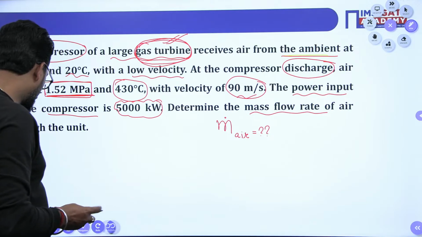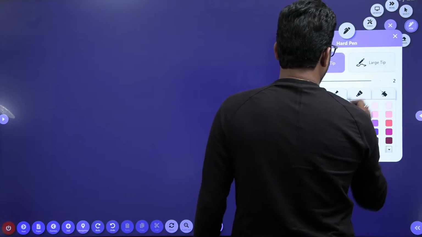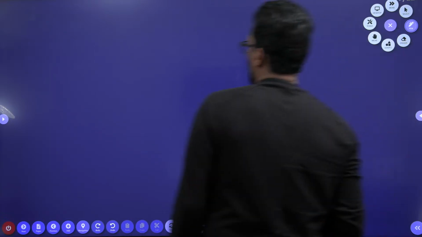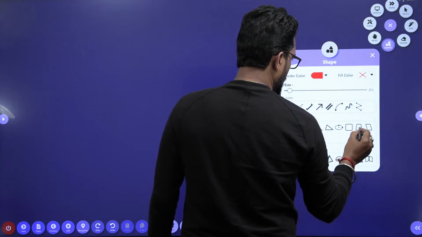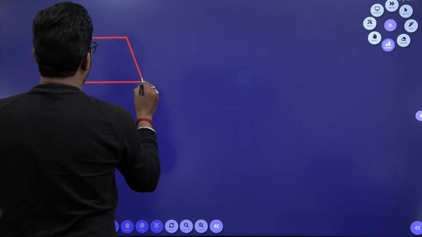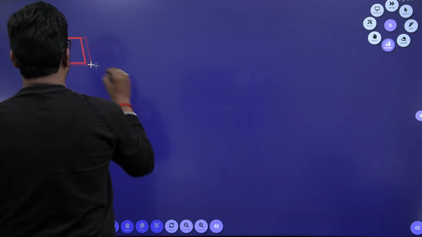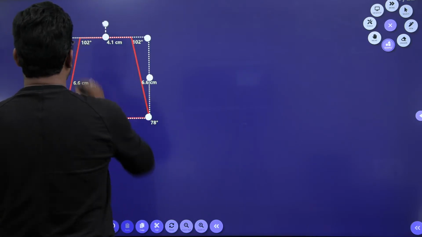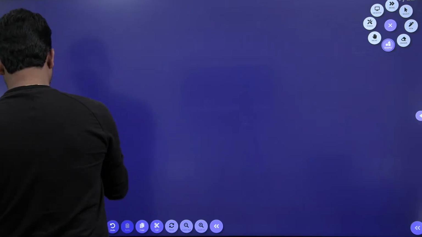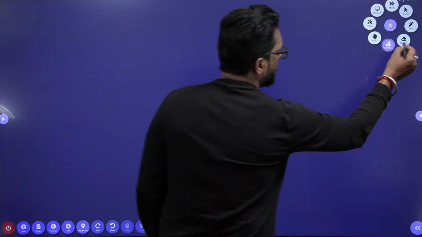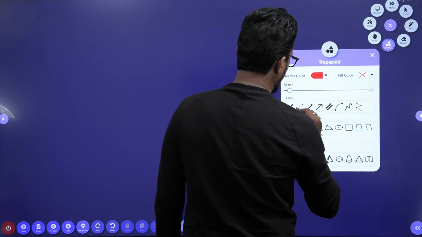Okay. Solution. See beta, this is your compressor. So we have to draw like that, no problem.